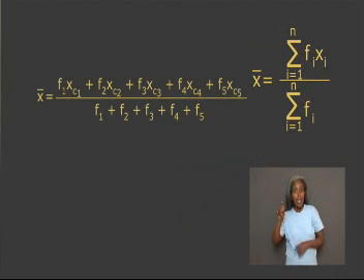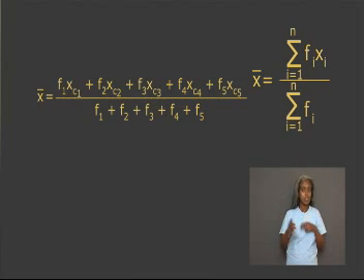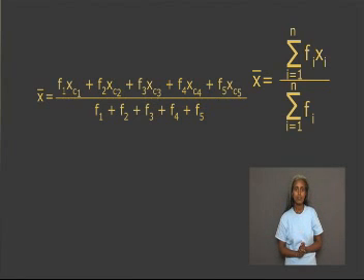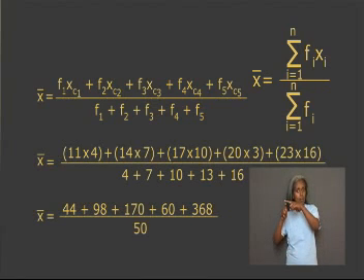X bar equals the sum of f sub i times x sub ci divided by the sum of f sub i. Written in another way, this is how we can determine the value of x bar. You see, it is very simple.